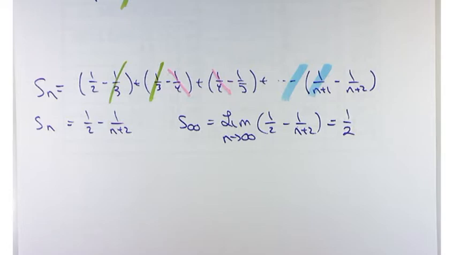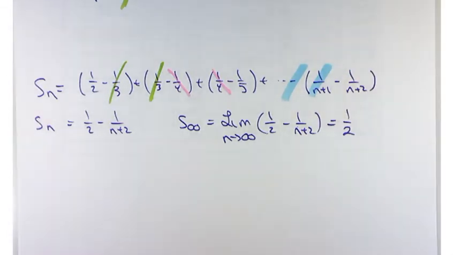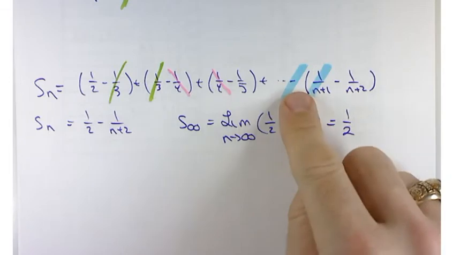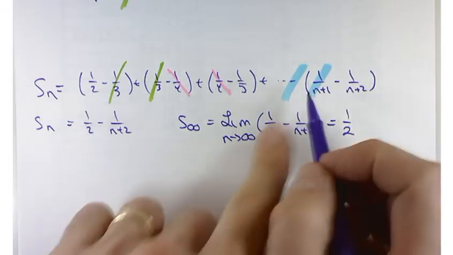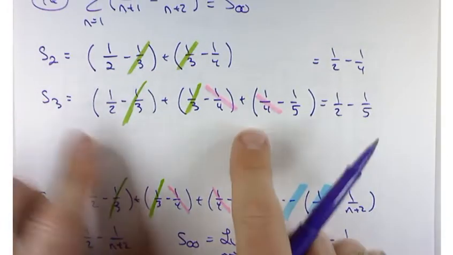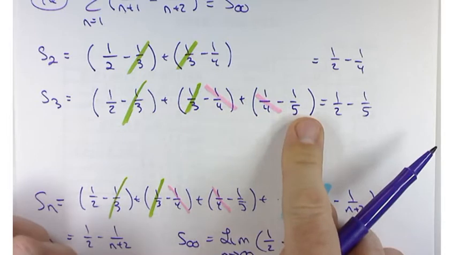Let's try another one kind of like that. Are we okay with problem 46? There would be a term before this that would cancel with it. So the pattern from up above is that everything's going to cancel except the first and the last term.